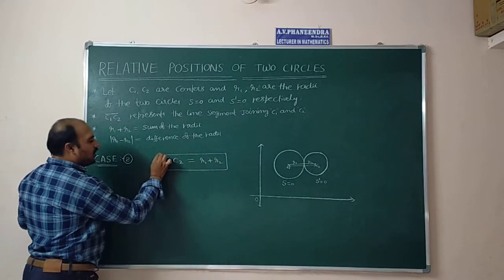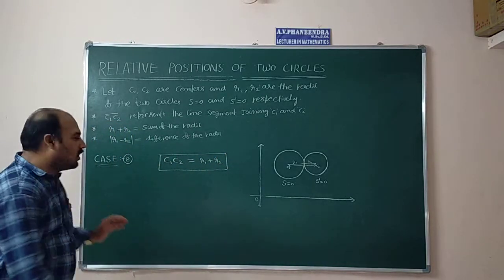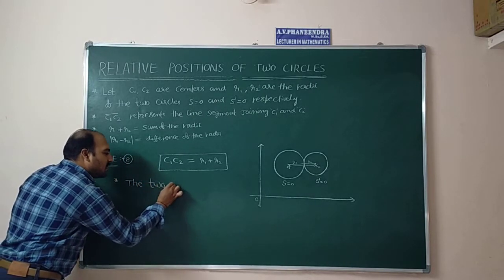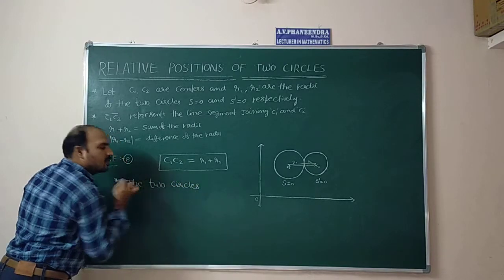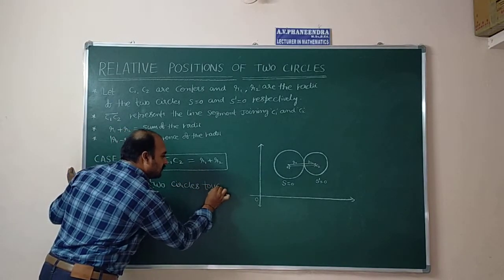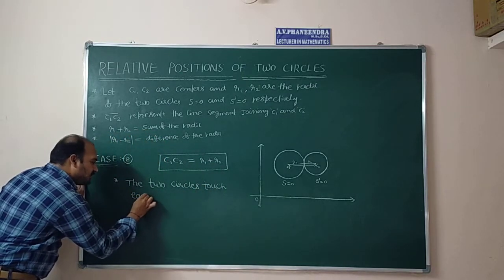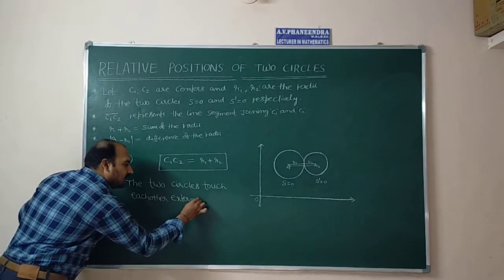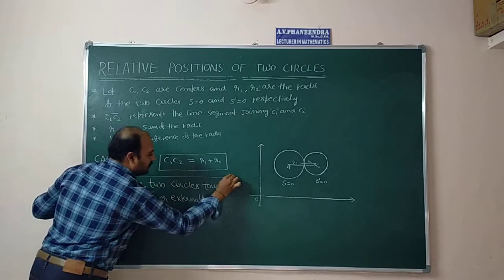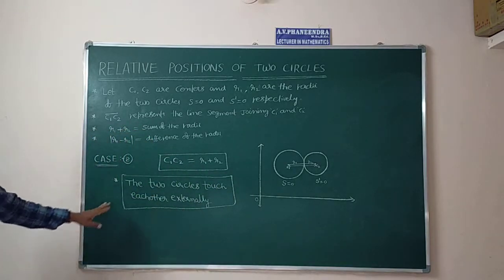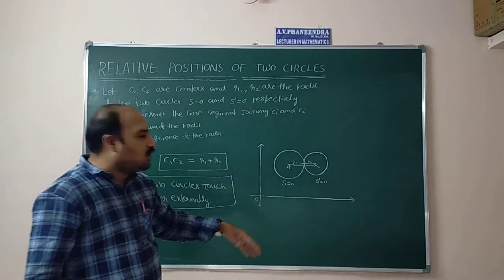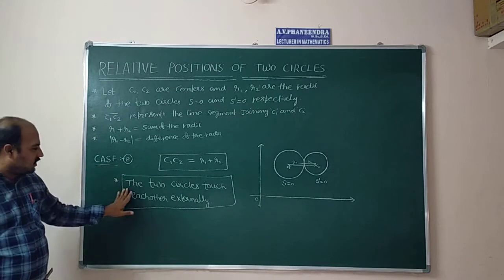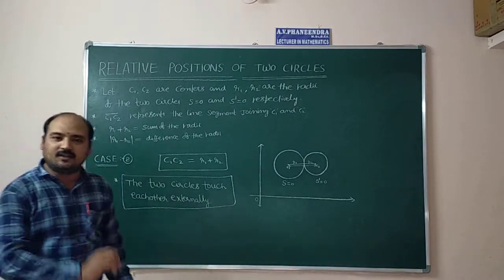Whenever C1 C2 equals R1 plus R2, the two circles touch each other externally. Note it, very important. Whenever the distance between their centers is equal to the sum of the radii of two circles, then we conclude that the two circles touch each other externally.